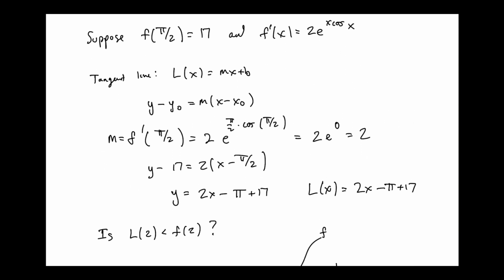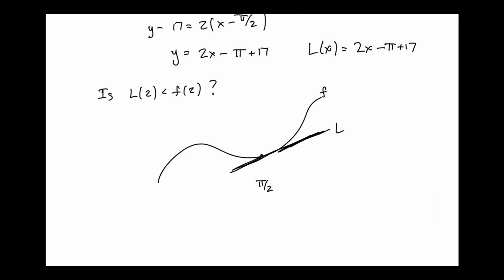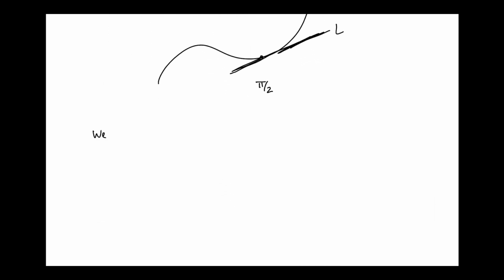Okay, well, what was f prime? It was 2e to the x cos x, right? So we know that f prime of x was 2e to the x cosine of x. Okay, f prime, not the original function.